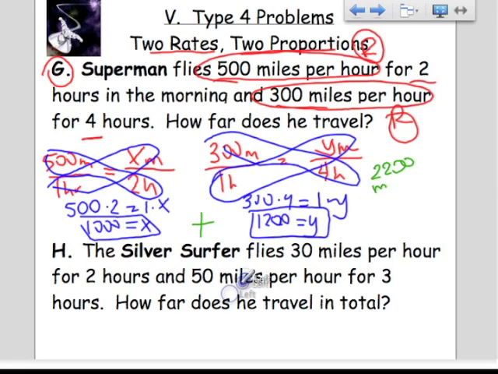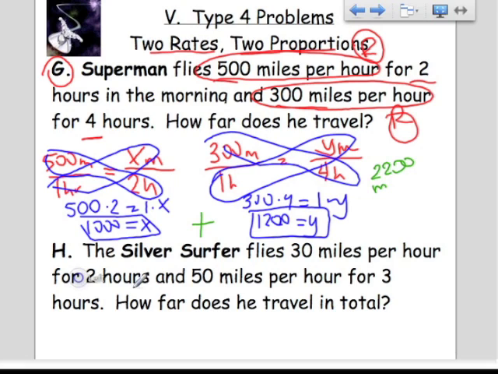And 50 miles per 1 hour equals, let's say, y miles for 3 hours. So those are the two proportions you should have had.